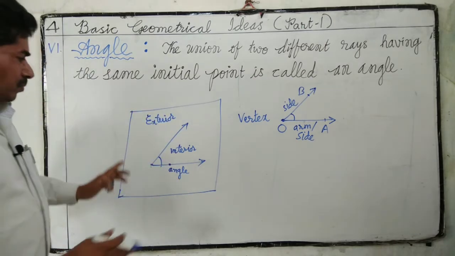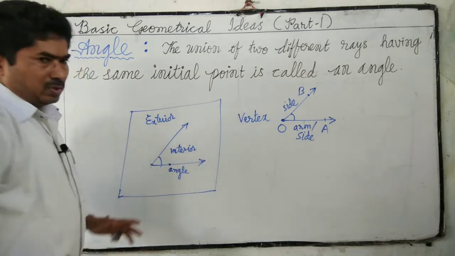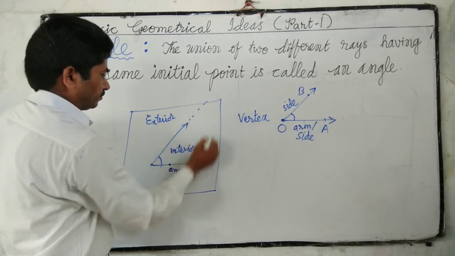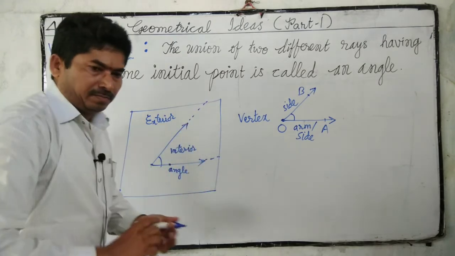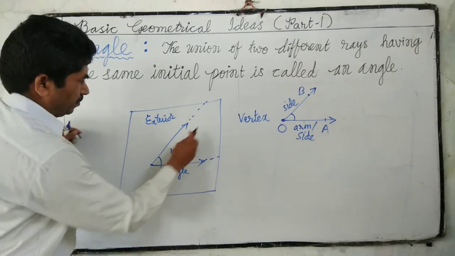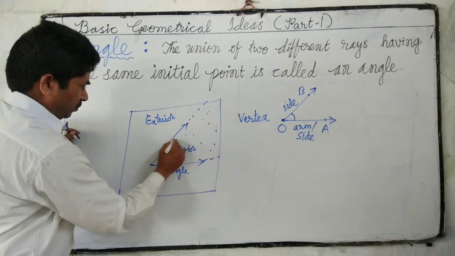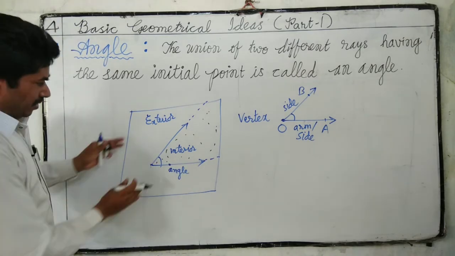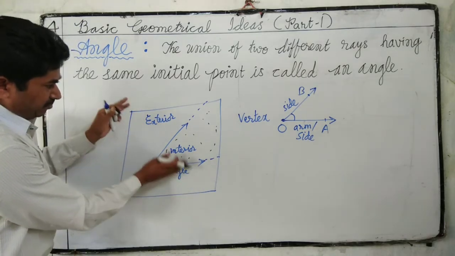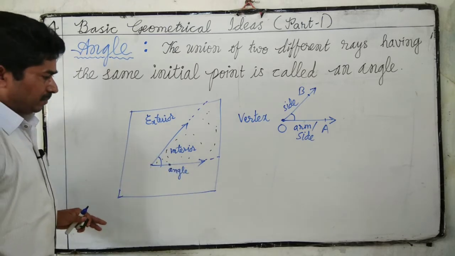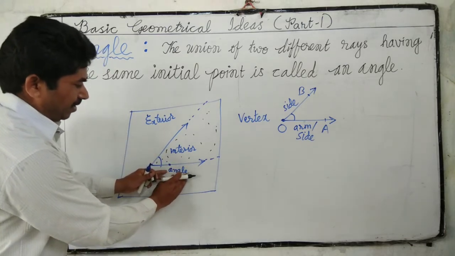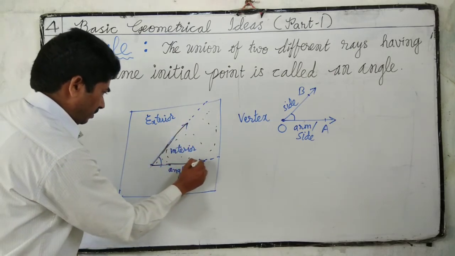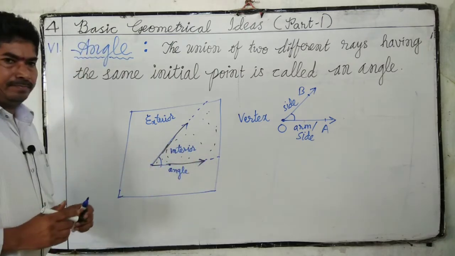Interior means bounded by these two sides, between these two sides. This whole region belongs to the interior. Exterior means outside of the angle. And this is on the angle.